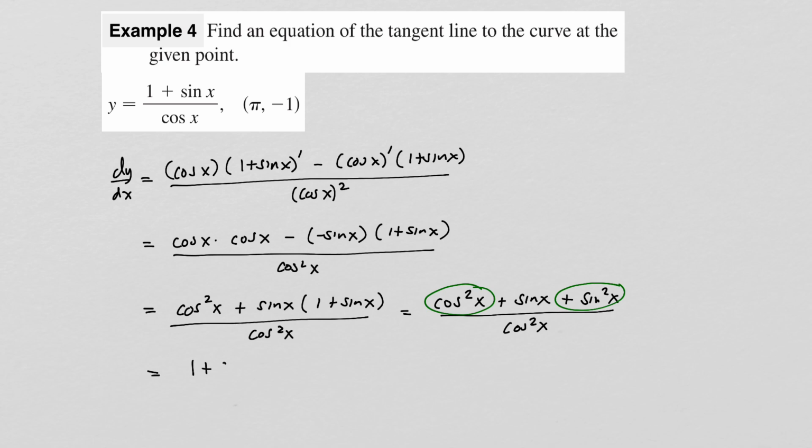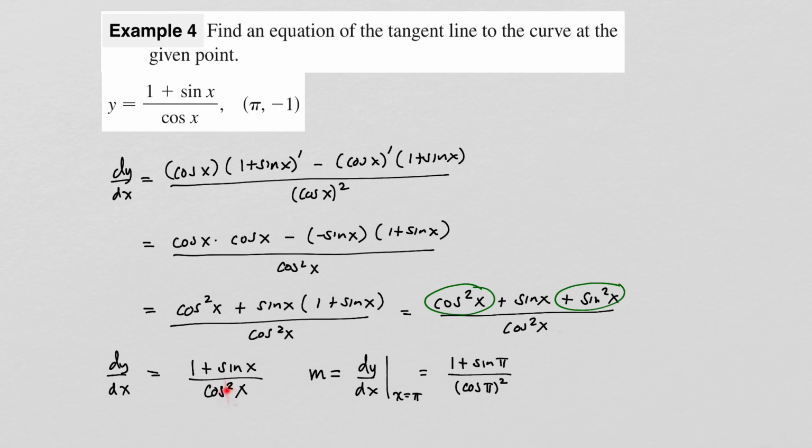And so this is 1 plus sine of x on top and cosine squared of x in the denominator. Again, this is the derivative dy dx. The slope of our tangent line is going to be this derivative evaluated when x equals pi. And that is 1 plus the sine of pi divided by cosine of pi quantity squared.